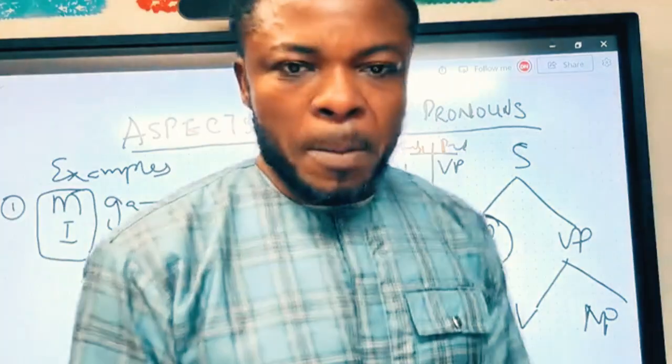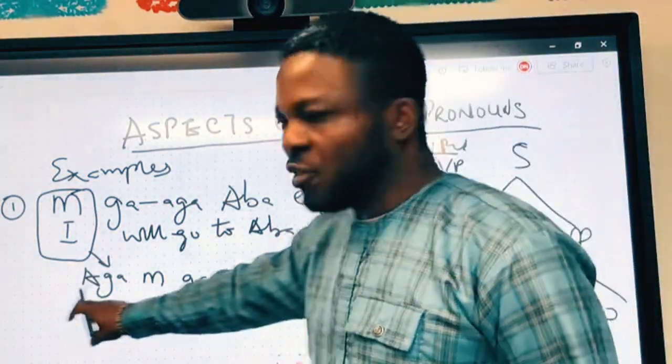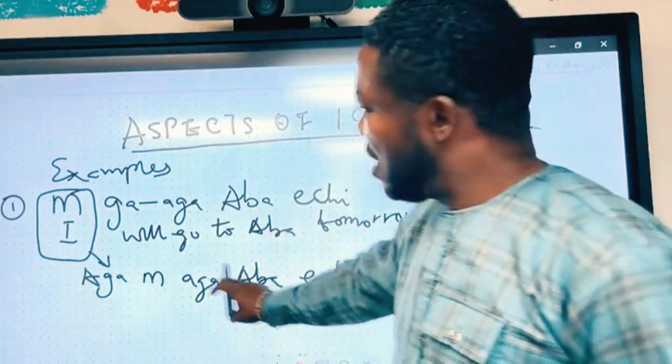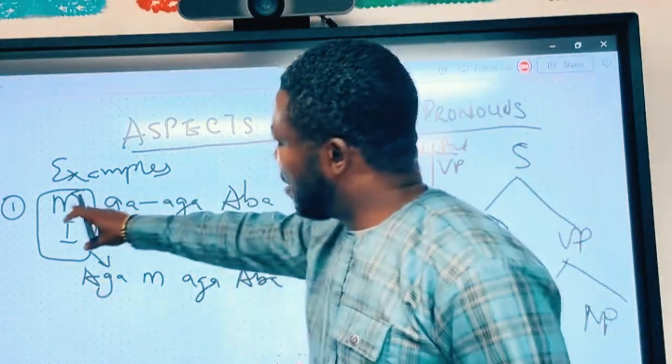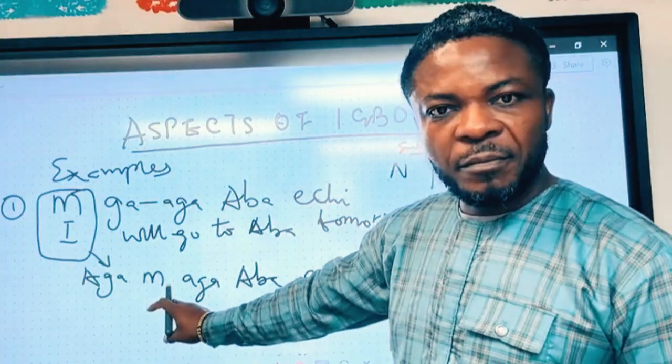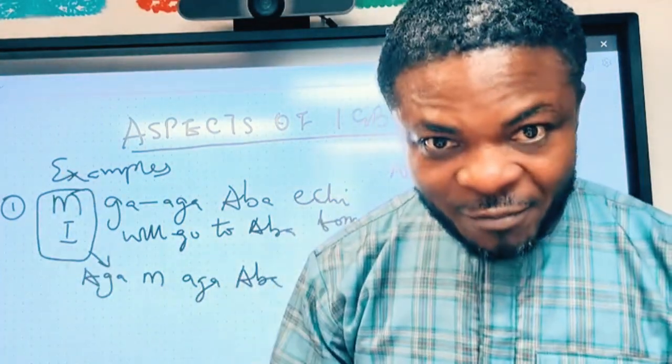Now in Igbo, Igbo permits me to write the structure of the sentence this way, bringing the m here. Okay? Now this can be a little bit confusing.